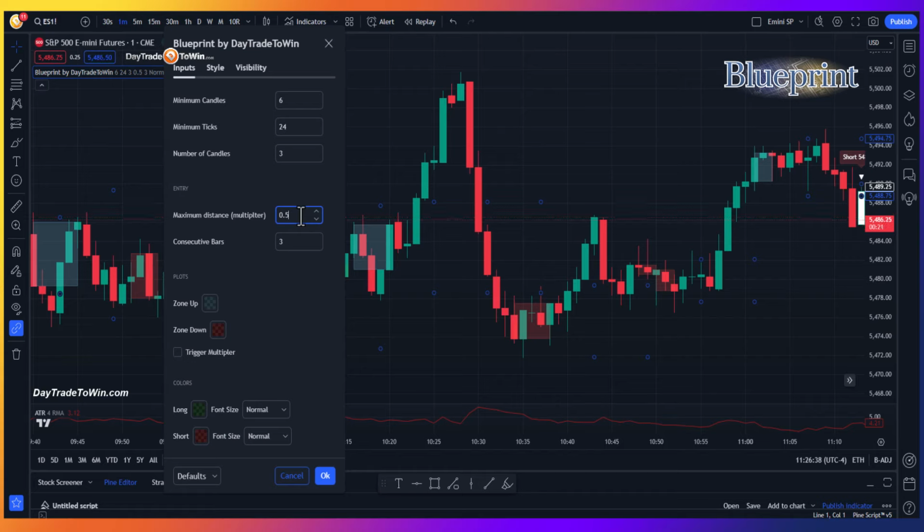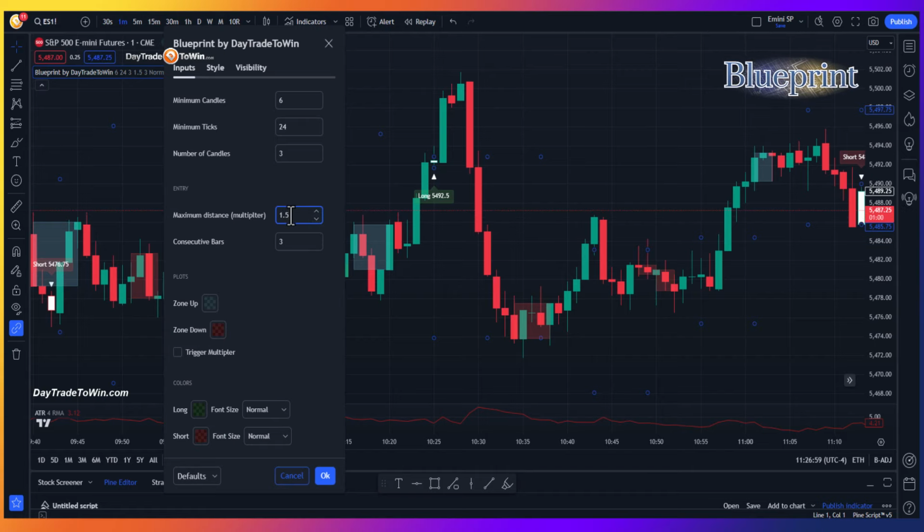The further away you put it, you're actually entering late to the party, I like to call it, where the move's already happened. When the move occurs, you want to enter sooner as it starts to move and break out rather than after the fact or much further away.